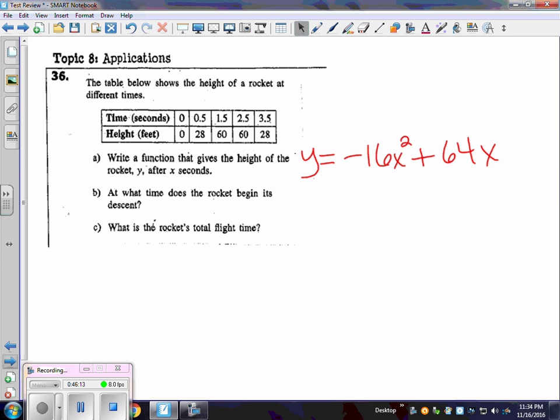So we're looking at its maximum point. We want to see where it would be at its highest spot.